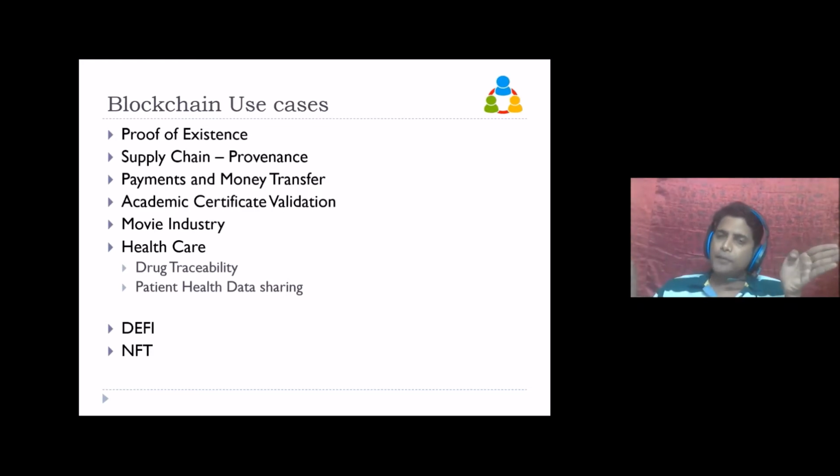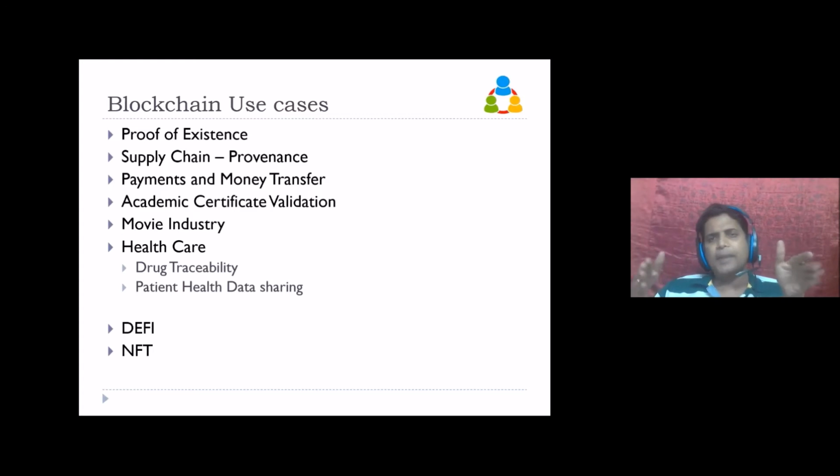So that kind of information will be made available onto the blockchain network. Everybody sees everything. Whoever are the interested parties, they will be able to verify the data in the blockchain, who has updated the data, when was it updated, what was the transaction ID. All the information will be available in the blockchain network.